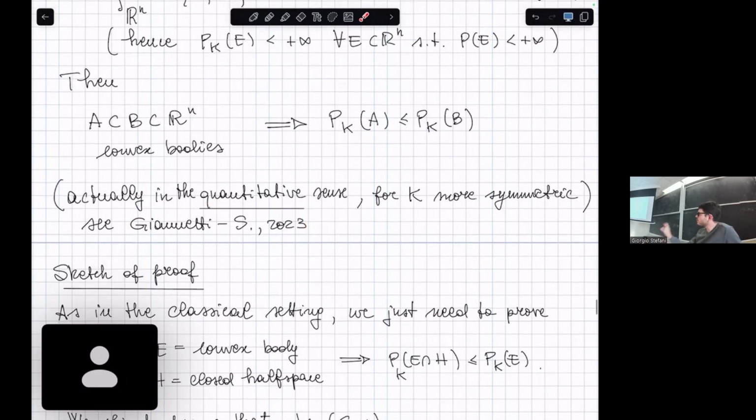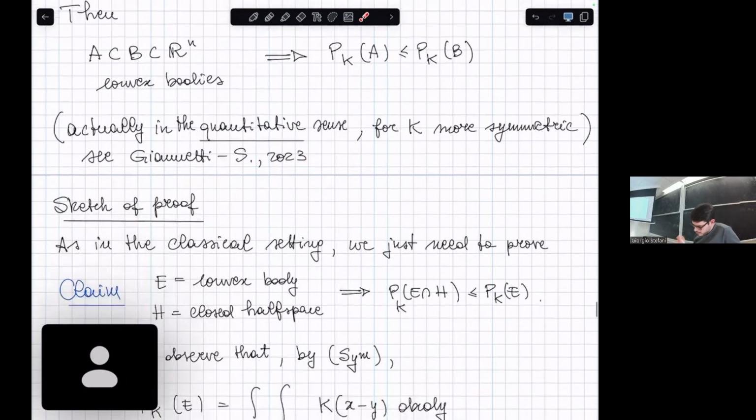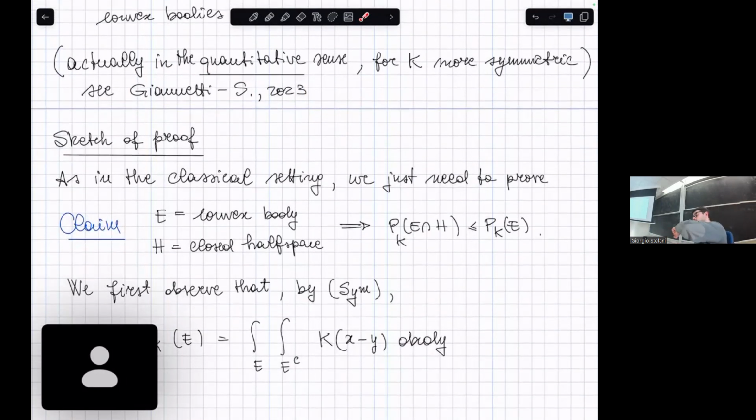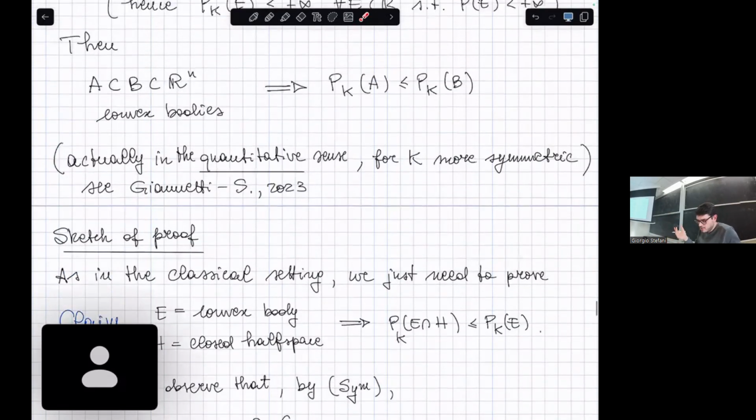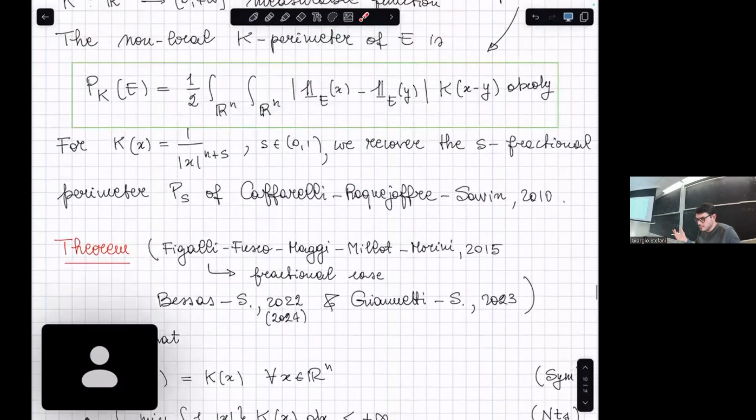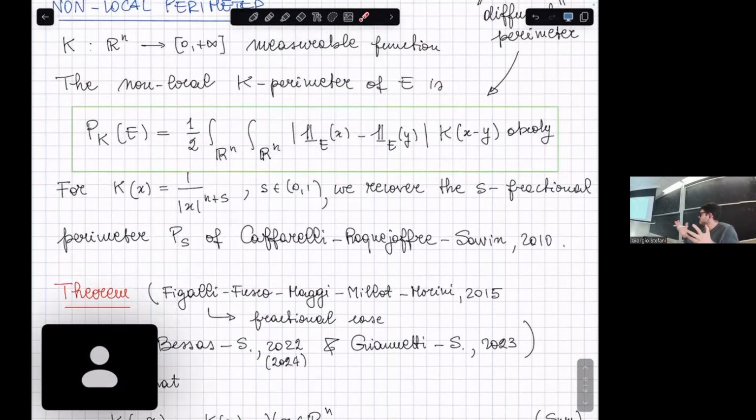Anyway, I won't enter into the quantitative thing because it's a little bit cumbersome. I will just give you a sketch of the proof of this monotonicity, and see what is the difference here. So the idea is the same. As you were able to approximate potatoes with half spaces, you always approximate potatoes with half spaces, even here, because this perimeter, and this you can check, is lower semi-continuous, not because of something very deep.